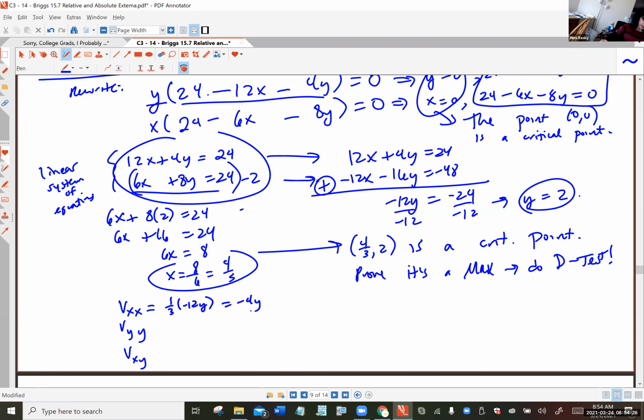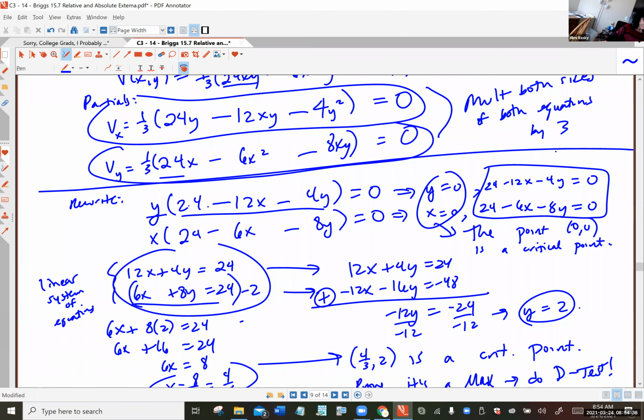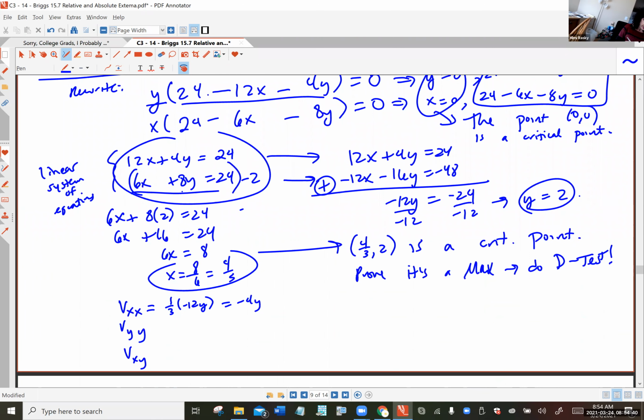If I find Vyy, that means I need to take the partial of Vy right up here, but with respect to y, and the 1/3 is still there, and I'll get 1/3 times -8x. So that's going to give me -8/3 x for Vyy.